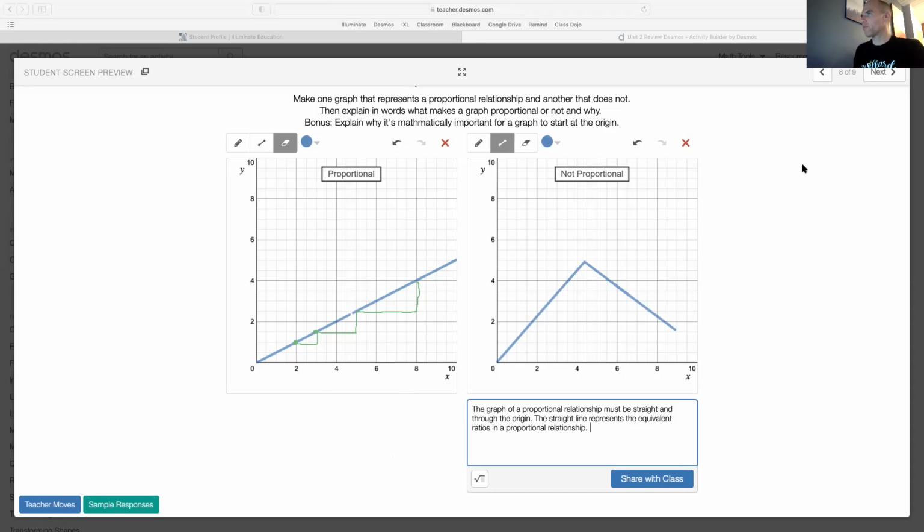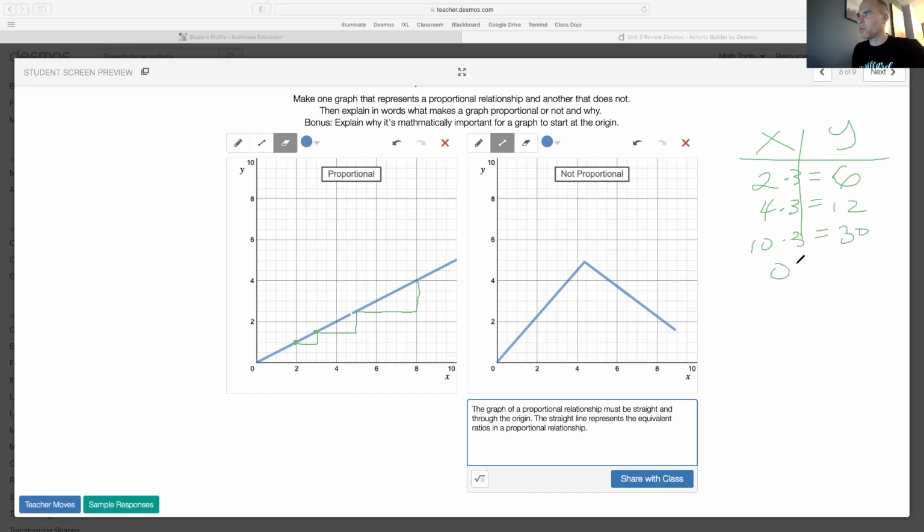When you have values for a proportional relationship in a table like this, call this x, this is y, and maybe this is 2, and maybe your k is 3, so y is 6 over here, and 2 times 3 equals 6, and so maybe you have a 4 over here, and so 4 times 3 equals 12. Maybe you have a 10 over here, so 10 times 3 equals 30.